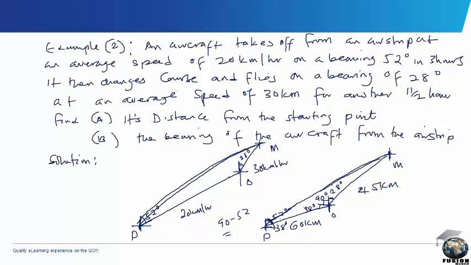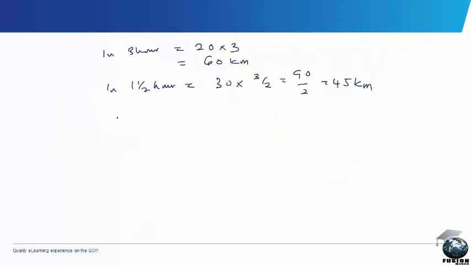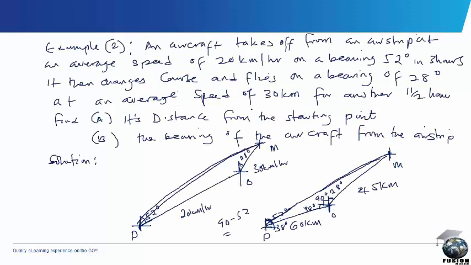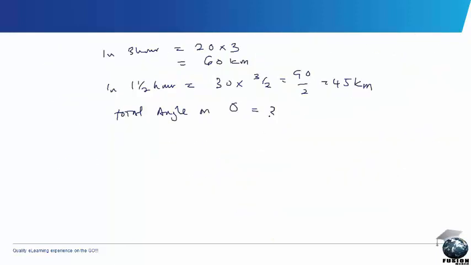And so the total angle on O will be equal to 38 plus 90 plus 28 degrees. I don't have space here. When you add the 3 numbers, you have 156 degrees.